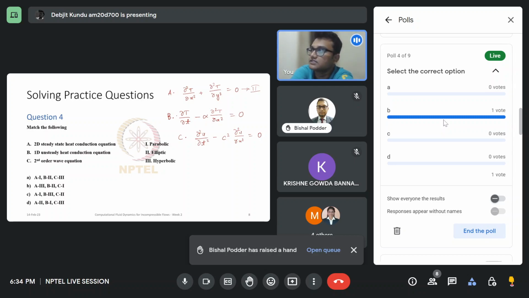Now let's come to option B, this 1D heat diffusion equation. Is this parabolic, elliptic, or hyperbolic? Parabolic. Correct. And for this wave equation, there is only one option left, hyperbolic.